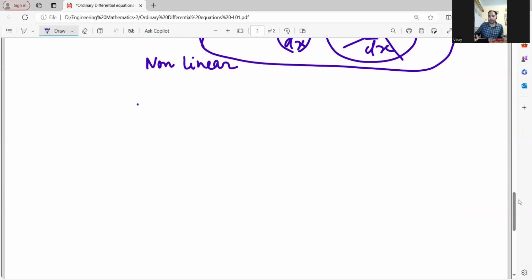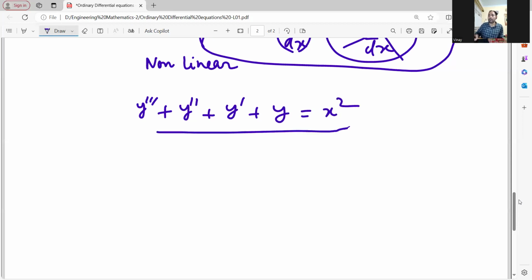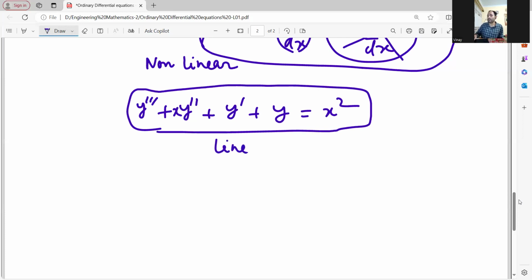For example, you have y triple prime plus y double prime plus y prime plus y is equal to x square. This equation can have a product of the independent variable x. This is linear.